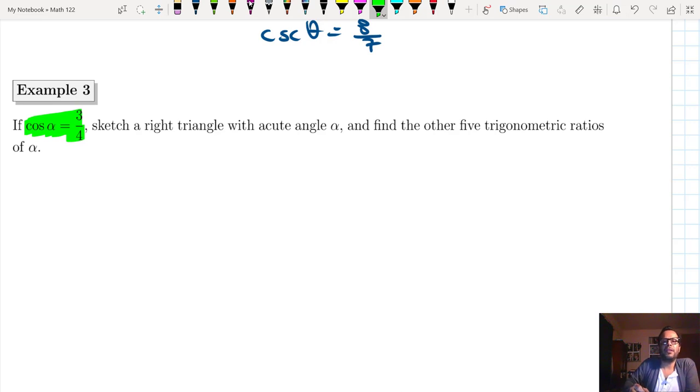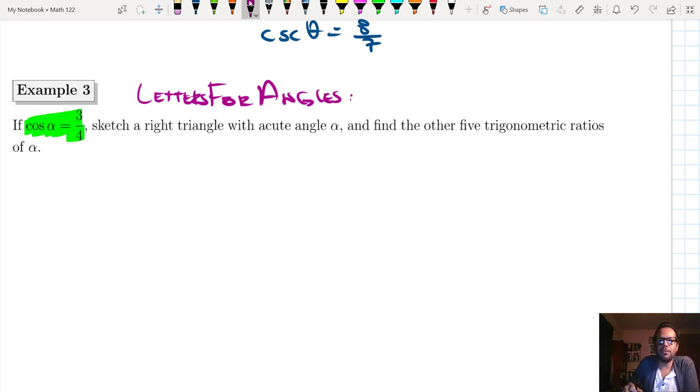Typically, let's go over this very quickly, the letters for angles. Typically, we use lowercase alpha, beta, maybe sometimes gamma.